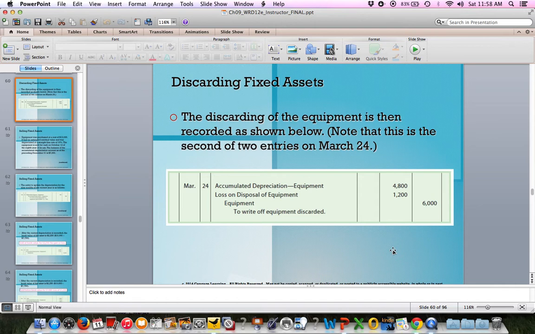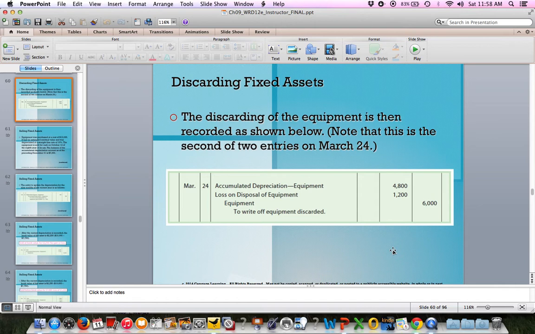And then the difference, the $1,200, is simply a loss. Basically, when I recorded the original depreciation estimate, I just didn't make a good estimate. I was off a little bit.